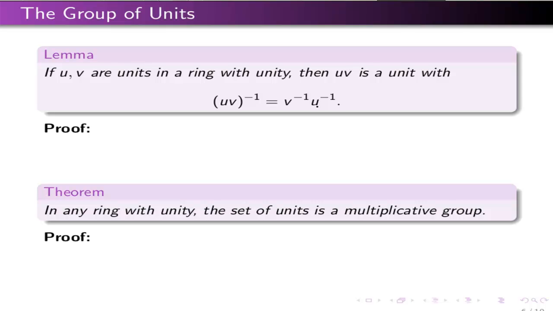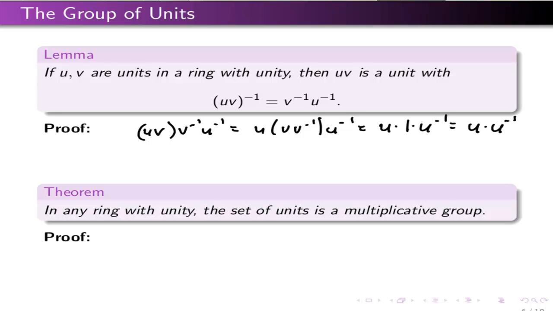The proof is straightforward. If you take U times V and multiply by V inverse U inverse, using the associative law, you just get U times 1 times U inverse, and you end up with 1.